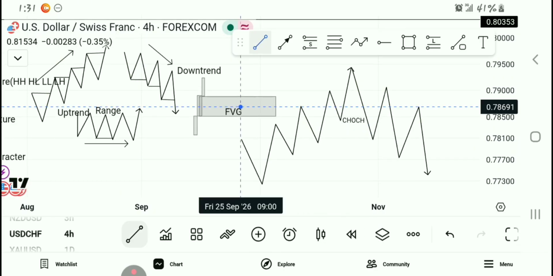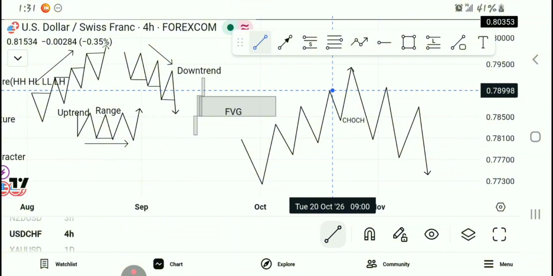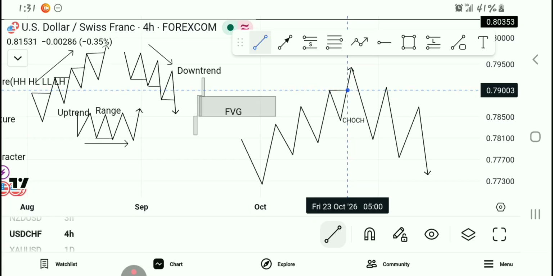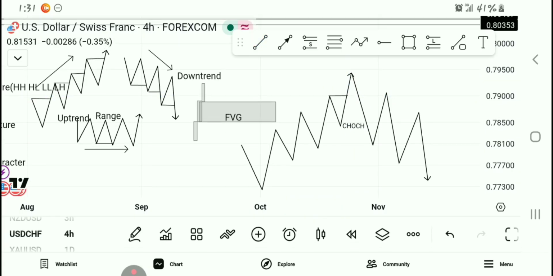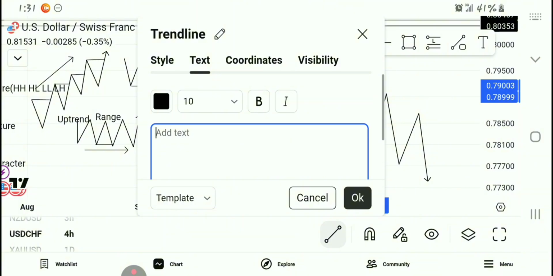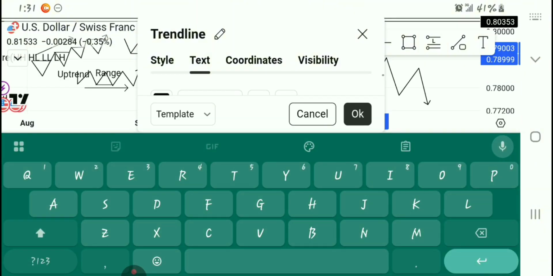Then this is BOS. What I said about the definition of change of character is the first pullback that broke below the low that created the BOS in an opposite direction. So it will always be in the opposite direction of the BOS when you want to note a change of character.